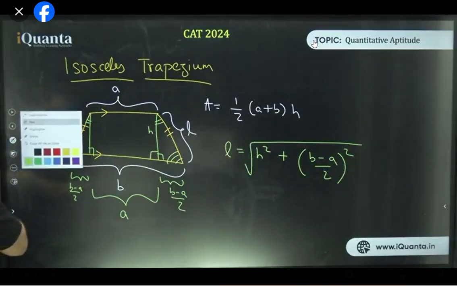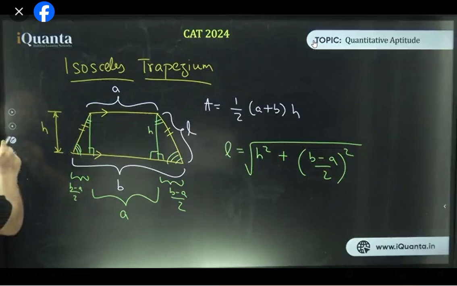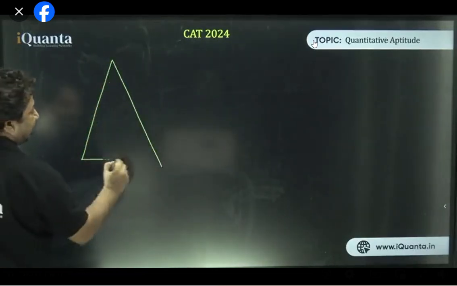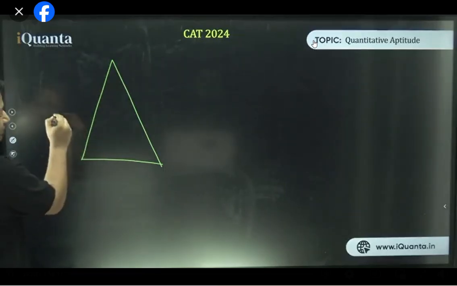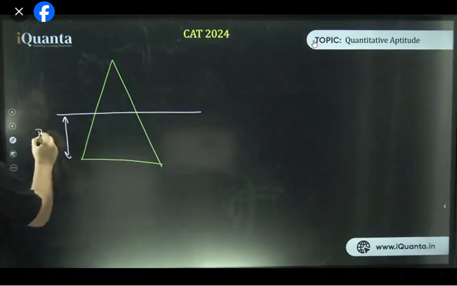But before that, why not do a beautiful question? Should we do a question first of all? Let's do a question. By the way, there's one more thing. An isosceles trapezium is actually made by cutting a rectangle by a line that is parallel to the base.